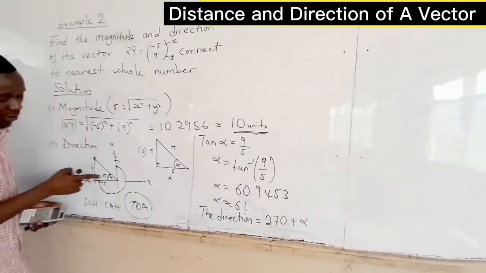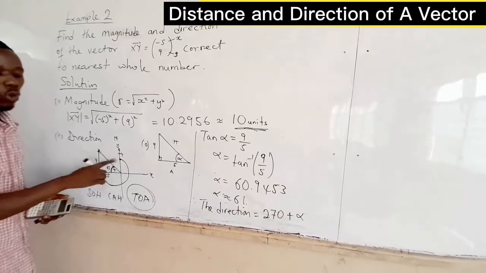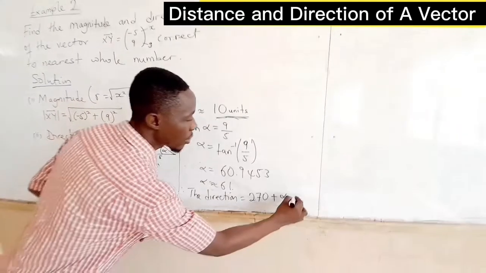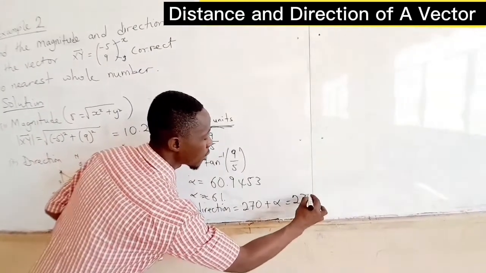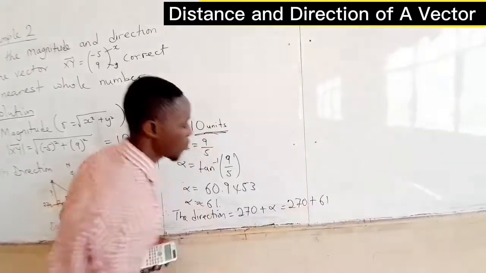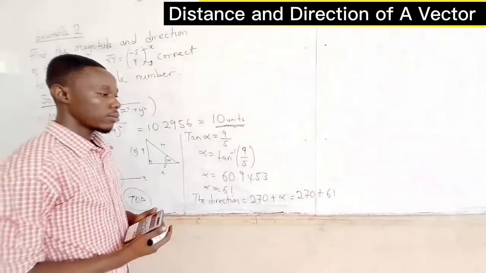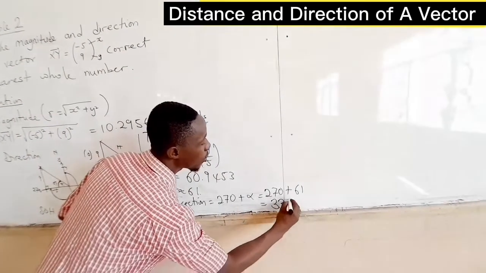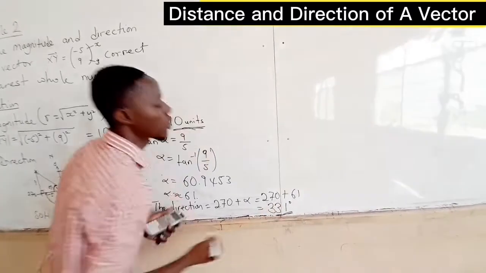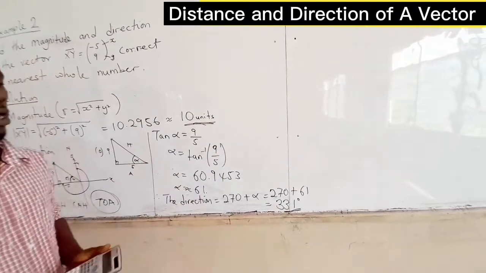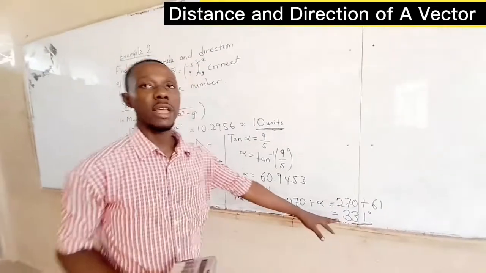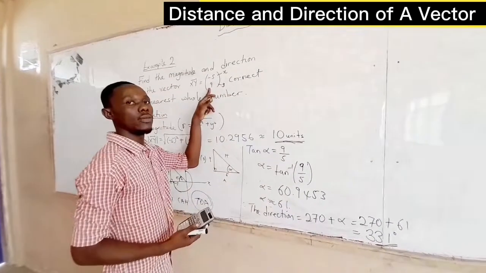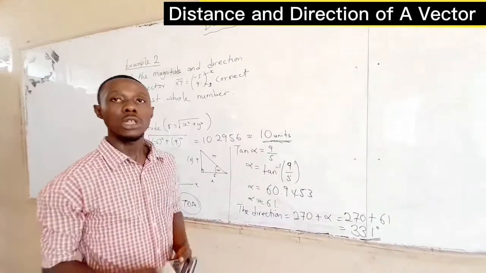So when we add the 270 plus the alpha, we will get the total bearing. Then, can we say 270 plus 61? Well, 270 plus 61, when we add, is 331 degrees. This becomes our direction for the question given. Try to solve the following question.